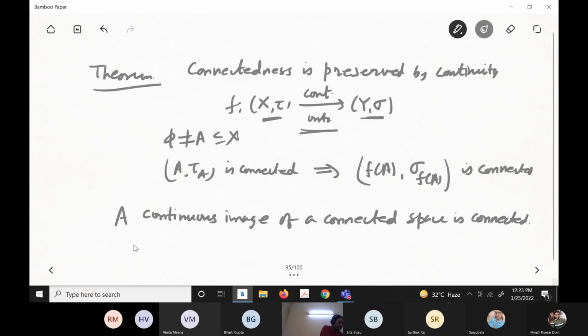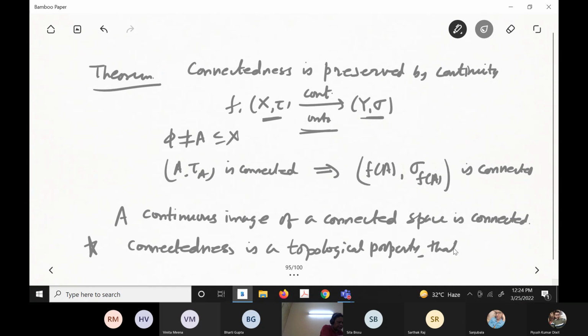So particularly, connectedness is a topological property, meaning it is preserved by homeomorphism. Homeomorphism is much more than a continuous image, because homeomorphism is a one-to-one correspondence; it is continuous and its inverse is continuous.